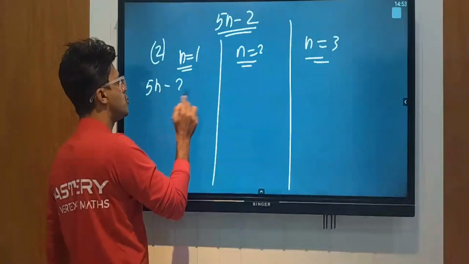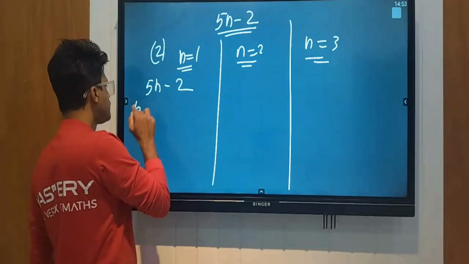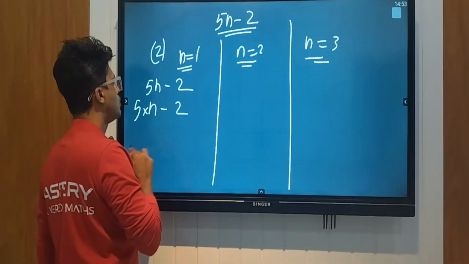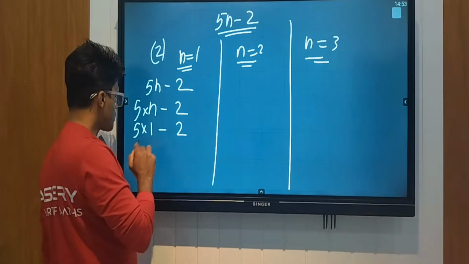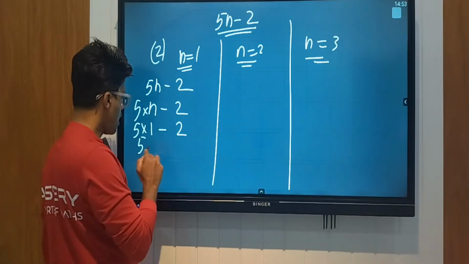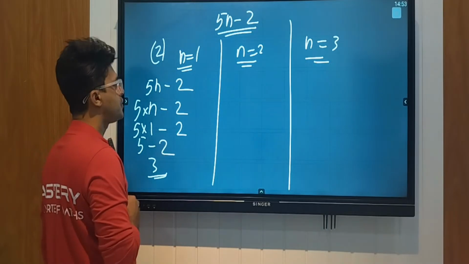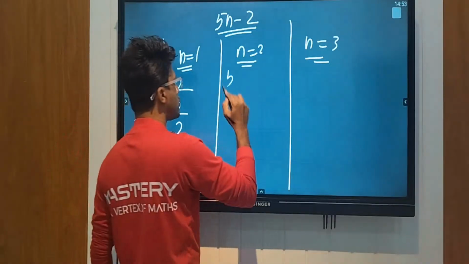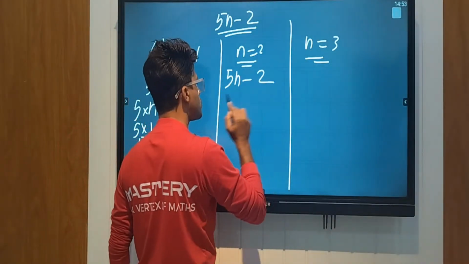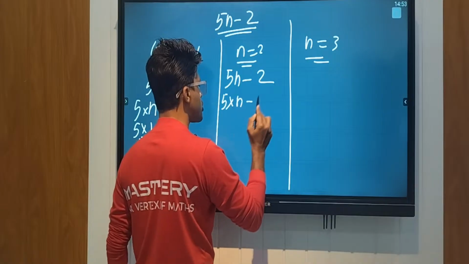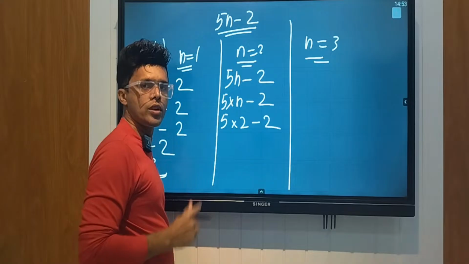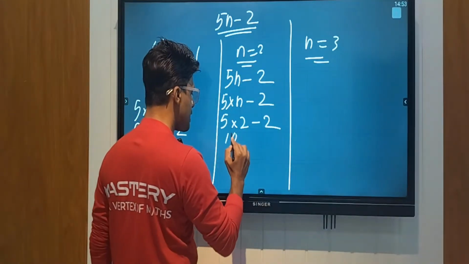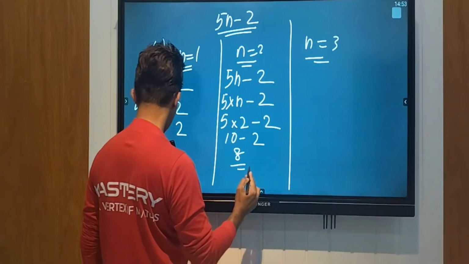So 5n minus 2 means 5 times n minus 2. 5 times 1 minus 2. 5 times 1 is 5, then 5 minus 2 is 3. This is the first term. Second term also we are able to get, substituting n equals 2, then 5 times 2 is 10, 10 minus 2 is 8.